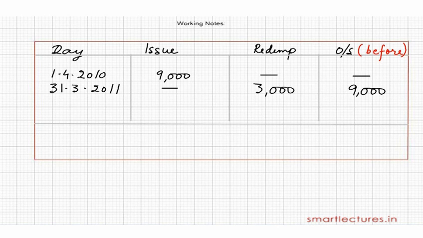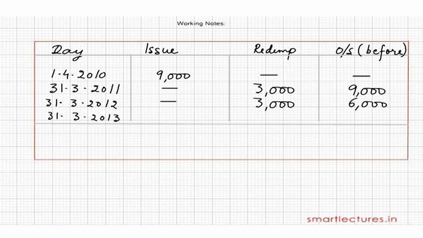Then 31st March 2012, issue nothing, redemption 3,000, and outstanding debentures 6,000. Then 31st March 2013, issue nothing, redemption 3,000, and outstanding debentures 3,000.